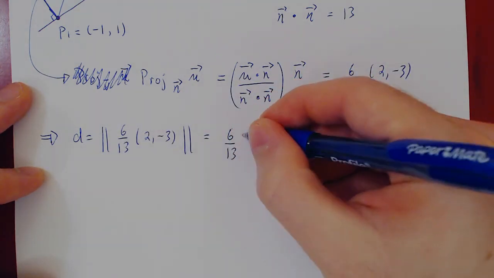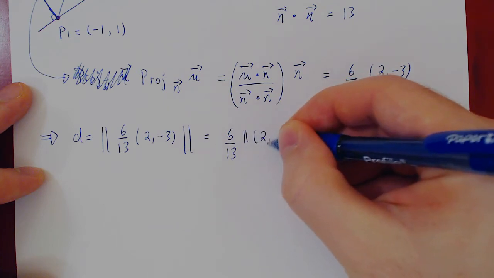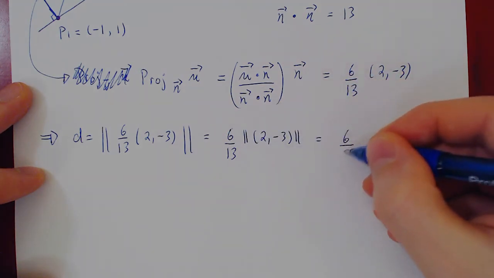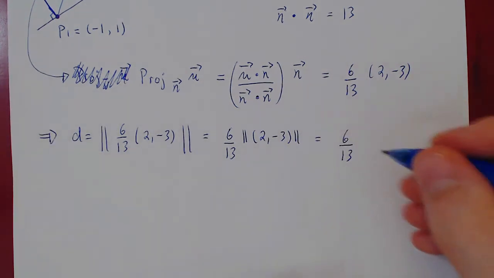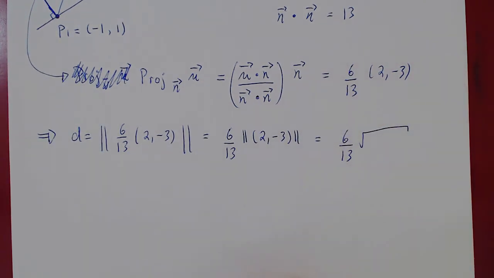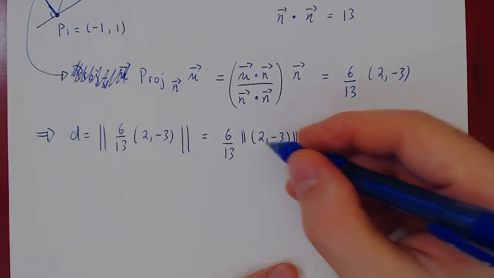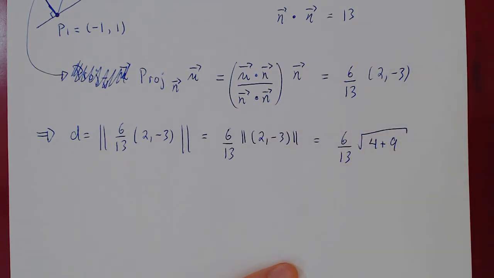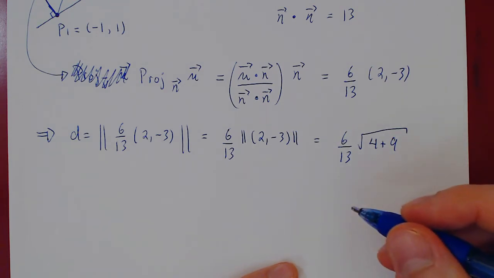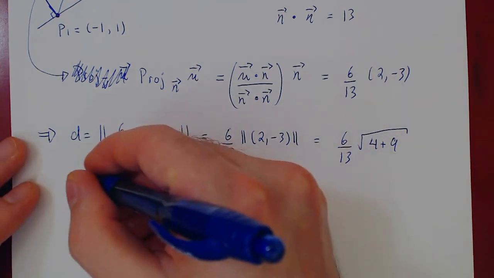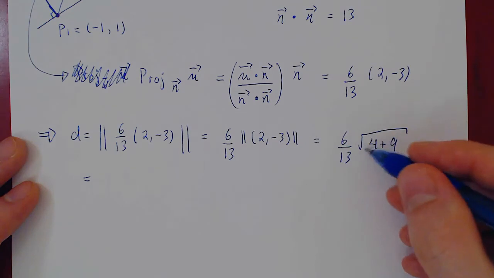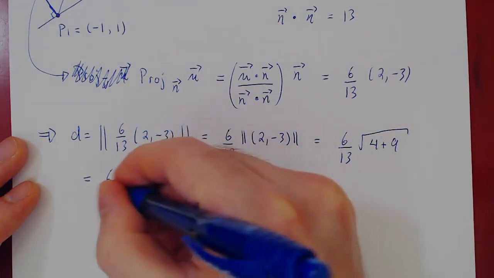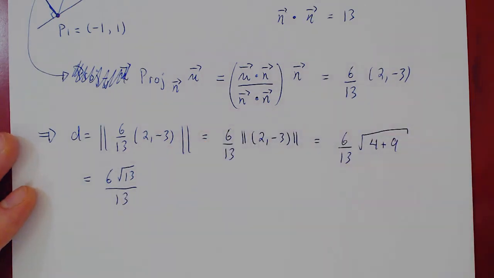This is just 6 over 13 times the norm of vector (2, negative 3). And by Pythagoras' theorem, the norm of a vector is the square root of the sum of its entries squared. So the square root of 4 plus 9, but 4 plus 9 is 13. So you see the distance between the point P naught and the line L is 6 root 13 over 13.